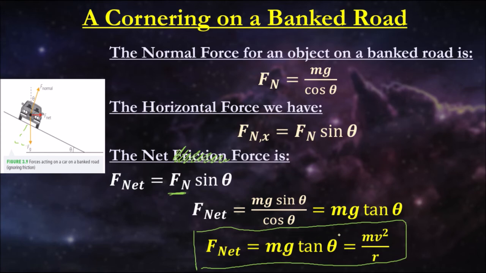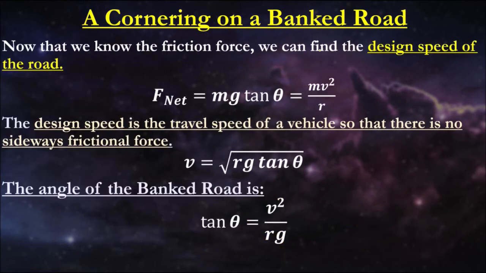But we can actually go a bit further with this formula as well. We can work out a thing called design speed. This is the speed at which the vehicle travels without experiencing any sideways friction, meaning at this point in time, we get a nice uniform circular motion.